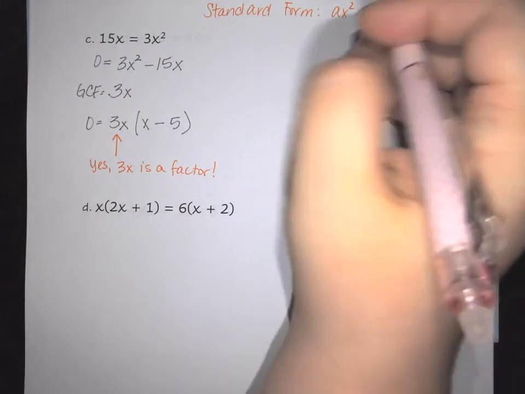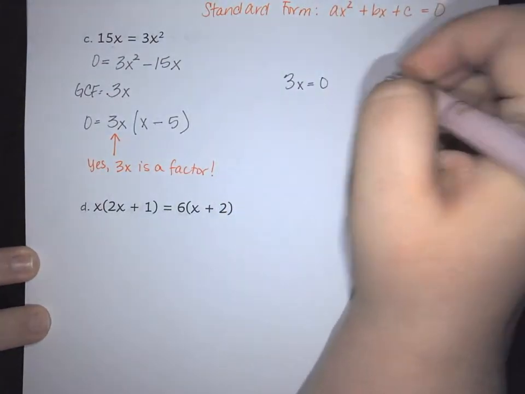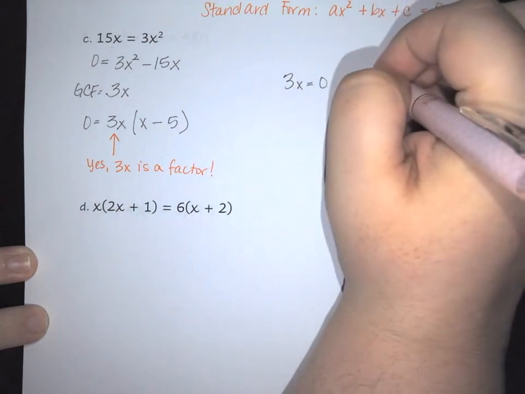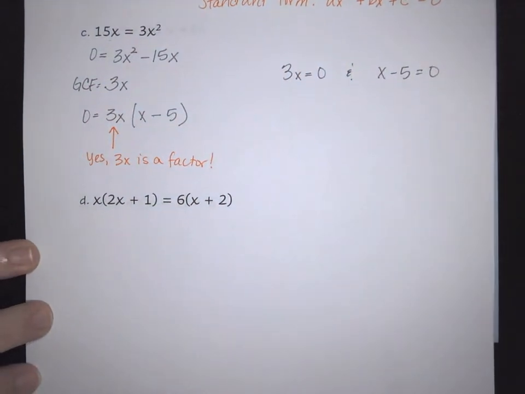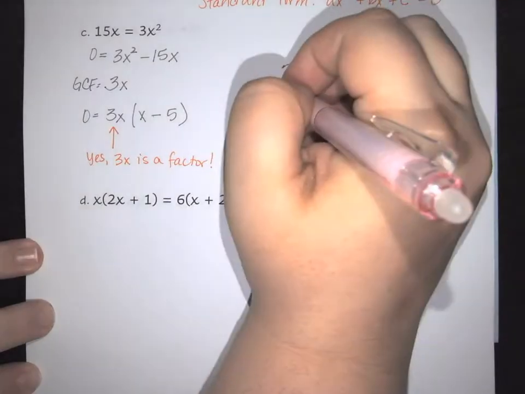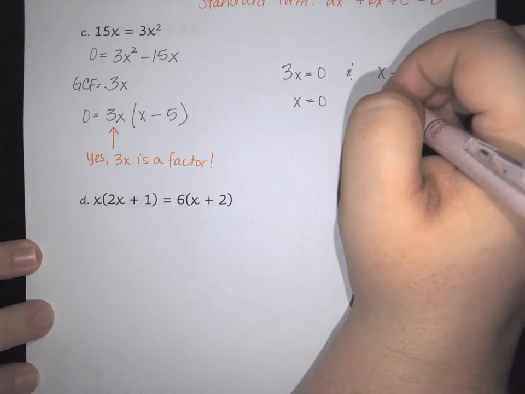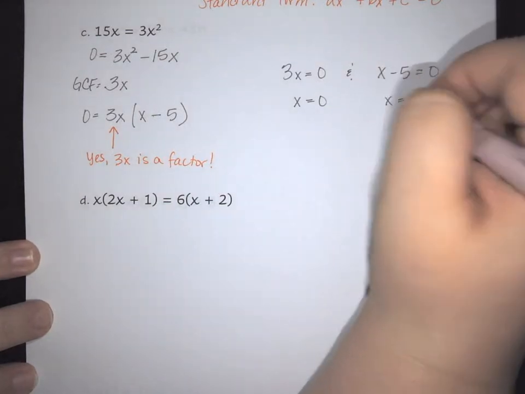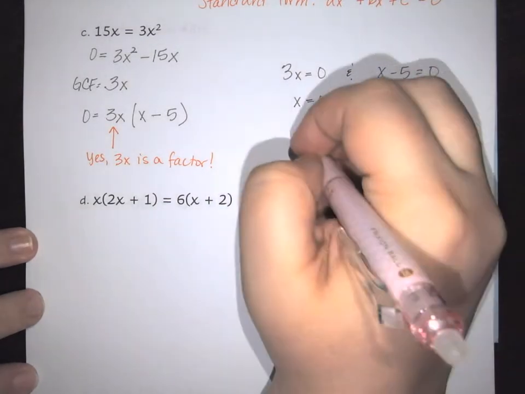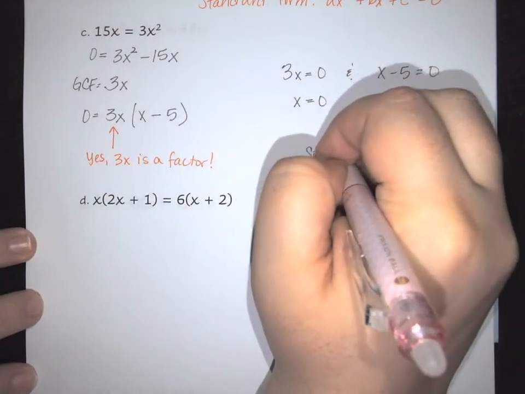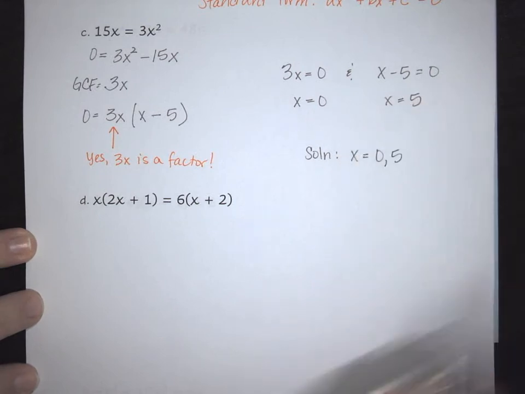And so what we do is we're going to have that 3x is equal to 0, and we're going to have that x minus 5 is equal to 0, and we have to solve both. For this first one, divide by 3, and we get that x equals 0. On the second one, add 5, and we get that x equals 5. And that's all there is to it. So here, when we're talking about your solutions, we have that x is going to equal 0 and 5.